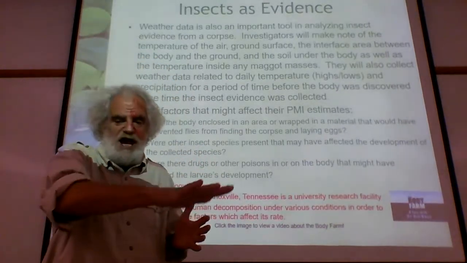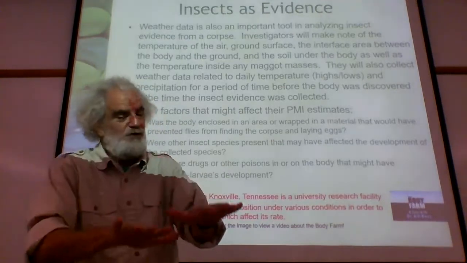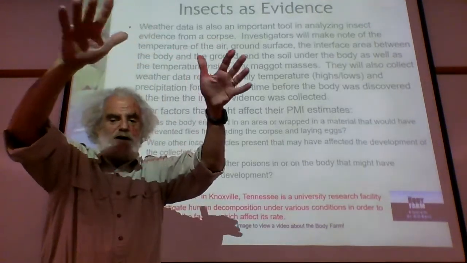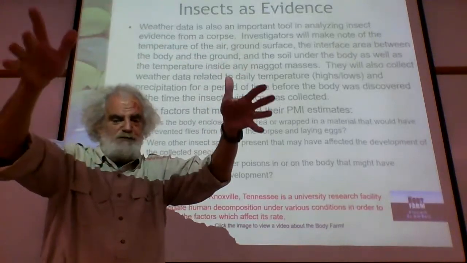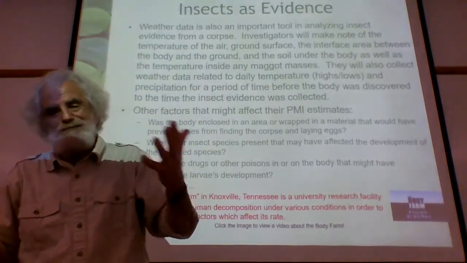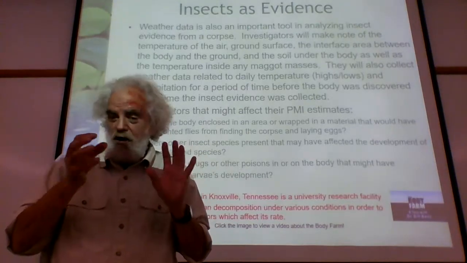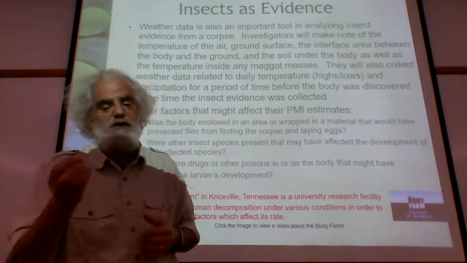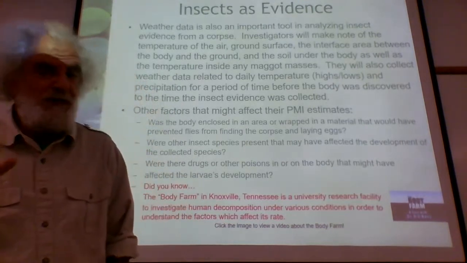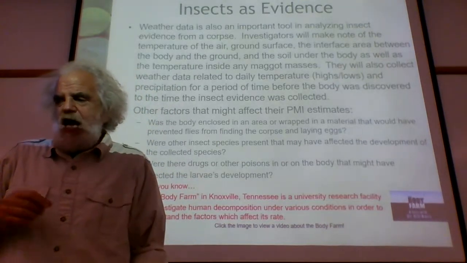If you're in a low area, the temperatures might, in the evening, get cooler. If you're in a high area, a little bit of an upper spot, the wind can be blowing a little bit differently. Temperatures may not drop as much. So there's a lot of things that are a little bit squishy about this post-mortem interval, the time of death determination.